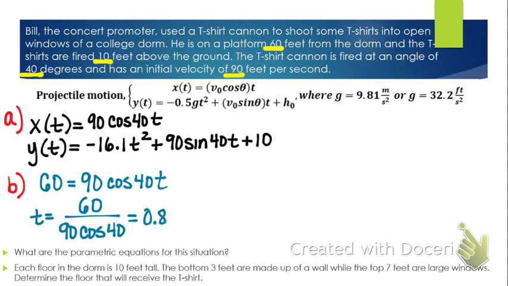Who got 0.87 seconds? So now let's see how high it is at that time. If t equals 0.87, we need to see how high so we can figure out what floor it's going to reach. So take that 0.87 and substitute it in for t in your y parameter.